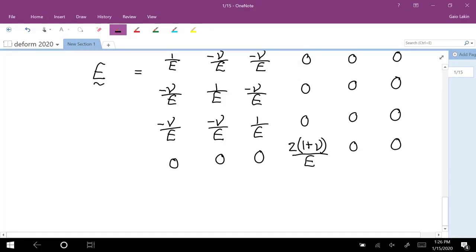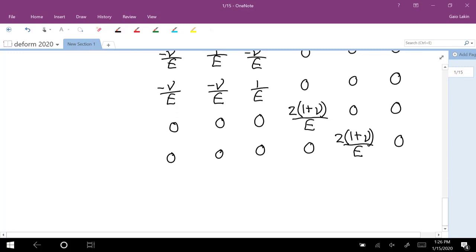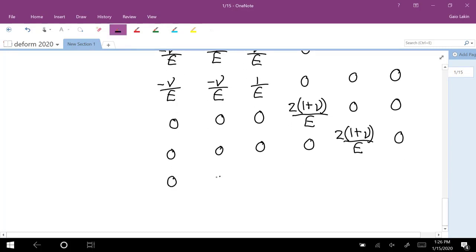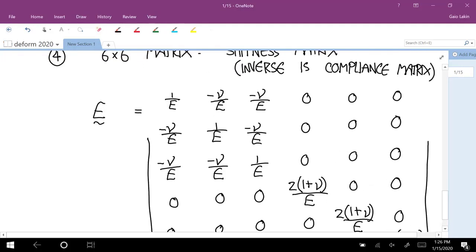And now for the last 2 rows, this just moves over to the right 1 time each row. So now 0, 0, 0, 0, 2 times the quantity 1 plus nu over E, 0. And then all zeros except the last element. Okay, so that's a 6 by 6 matrix.